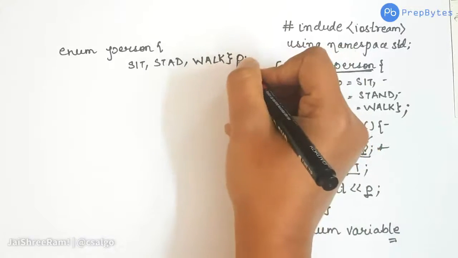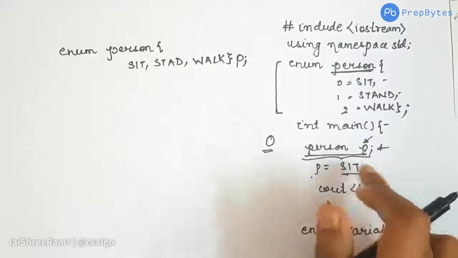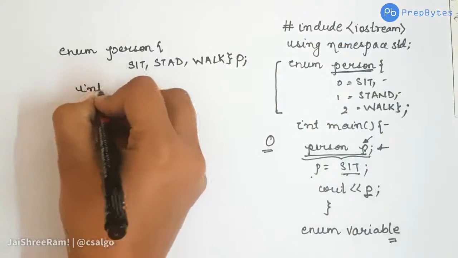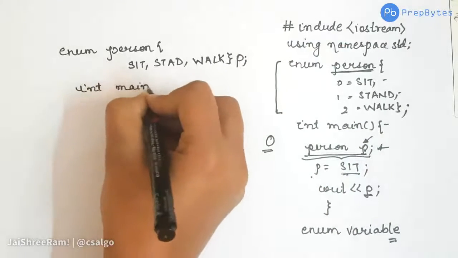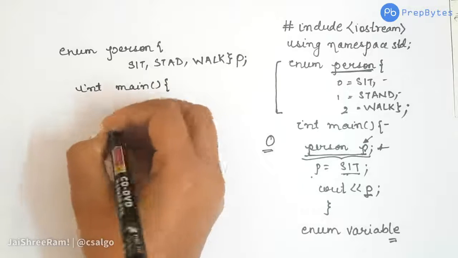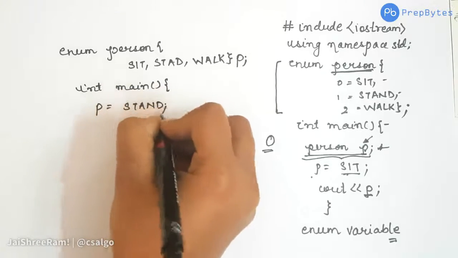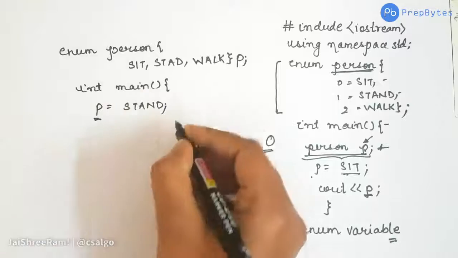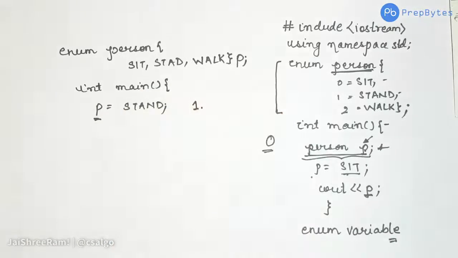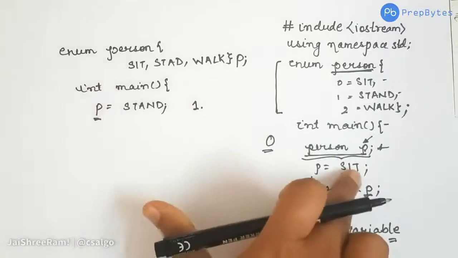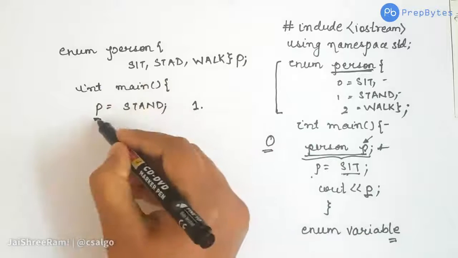Now we can go on to use this p in a similar manner. So let's say I have int main, and I can simply do p equal to stand. And if we print this particular p, we get the value as 1. So these are two ways in which we declare enum variables and use them.